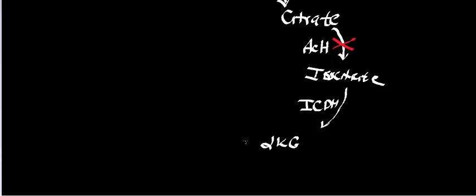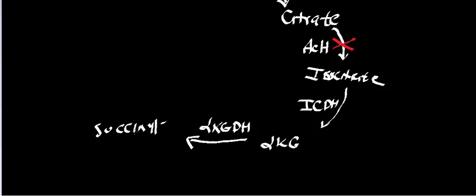The alpha-ketoglutarate that was produced gets consumed by the alpha-ketoglutarate dehydrogenase complex, and of course that forms succinyl-CoA. Then we have the rest of the cycle that goes back and reforms citrate.